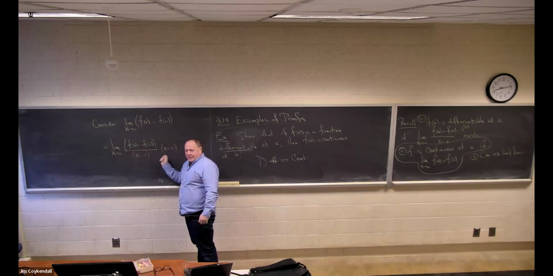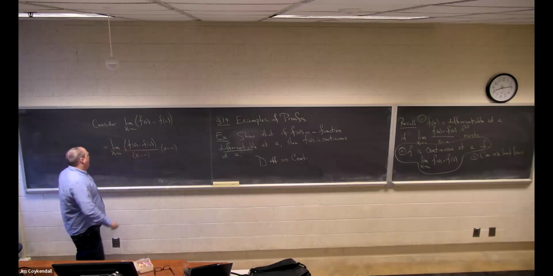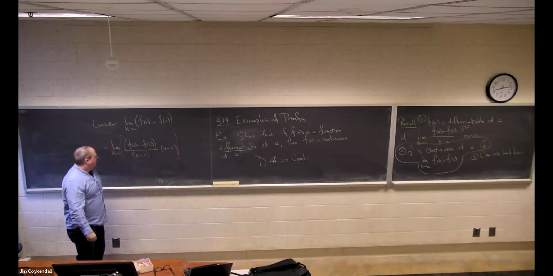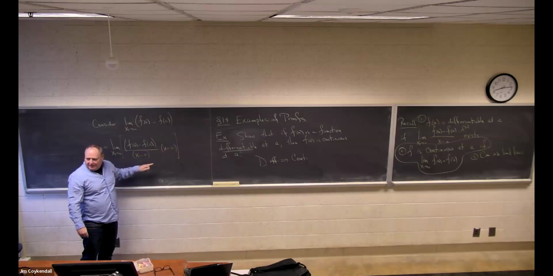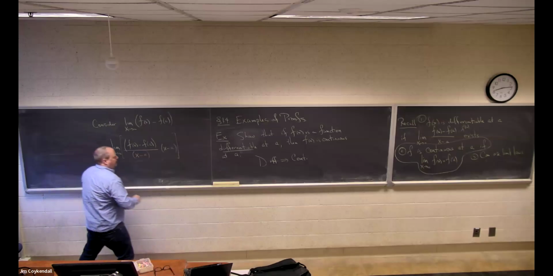Now that I've done this, what can I do now? What's one limit law that I can do? The limit of a product of two things is the product of the limits, right? Well, the lawyers are going to make me be careful about that.